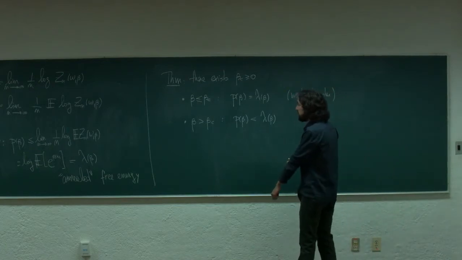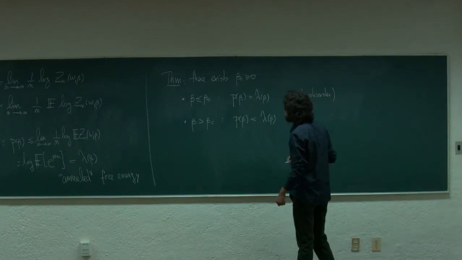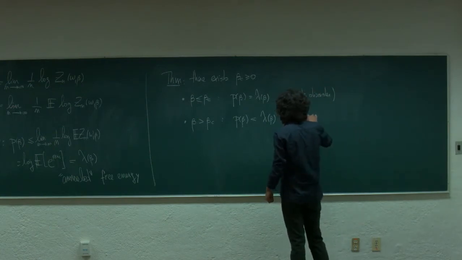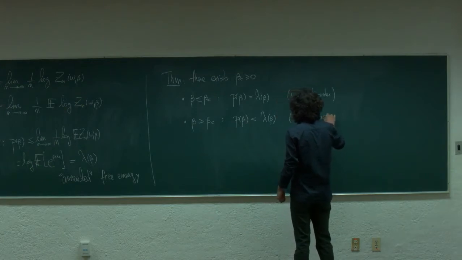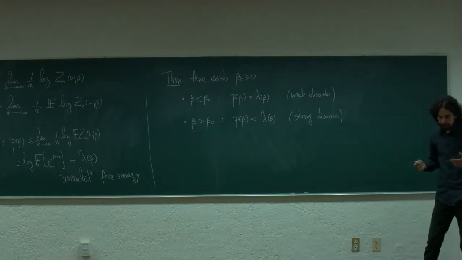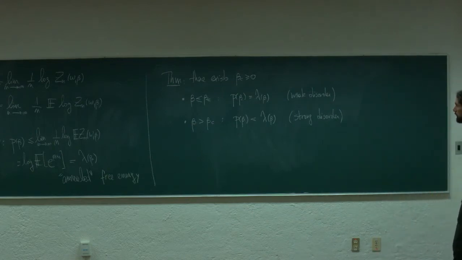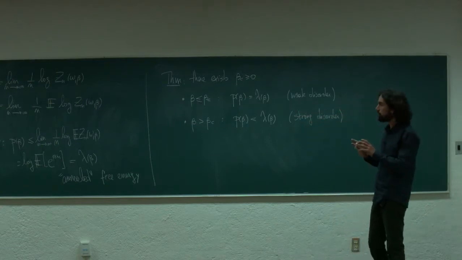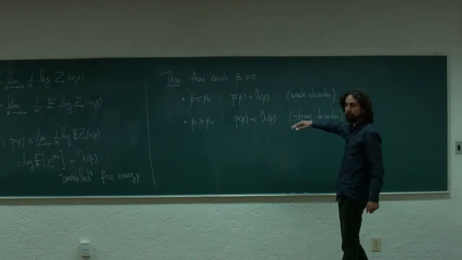And then if beta is big enough, you will have the region where there is localization, which is known as the strong disorder region. And you can show actually that the transition is sharp: there is a critical value that separates these two regions.